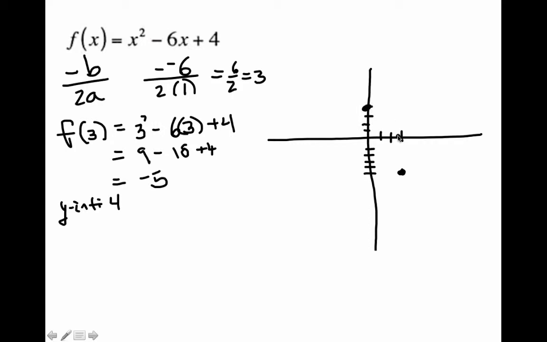And now I would use the idea of symmetry, that all quadratics have an axis of symmetry. So if this point here is 3 away, I can walk 3 on this side and plot the same point. You're welcome to plug in a value of 6 here and see that it works out to 36 minus 36 plus 4, which ends up being 0 plus 4, or 4.